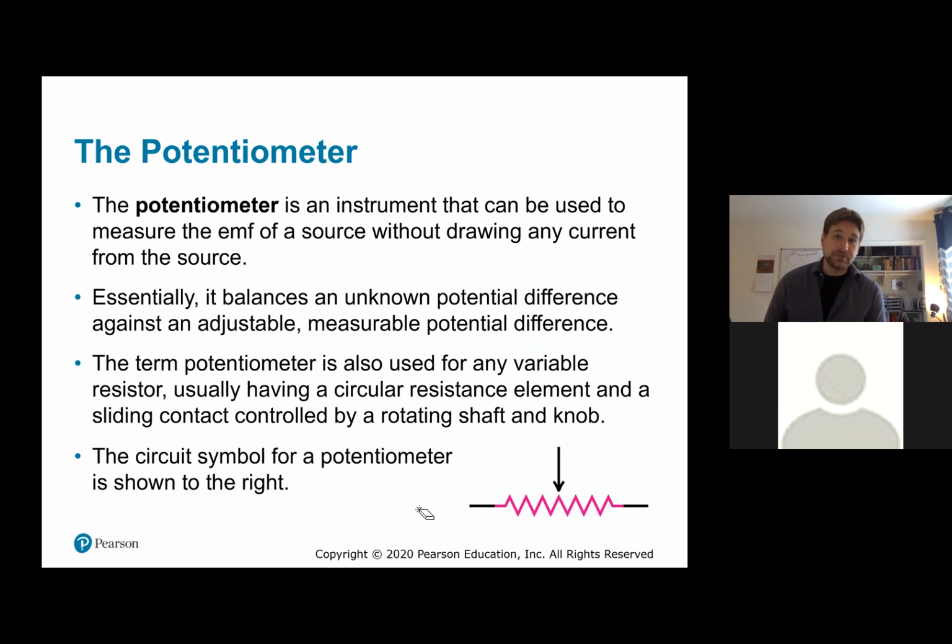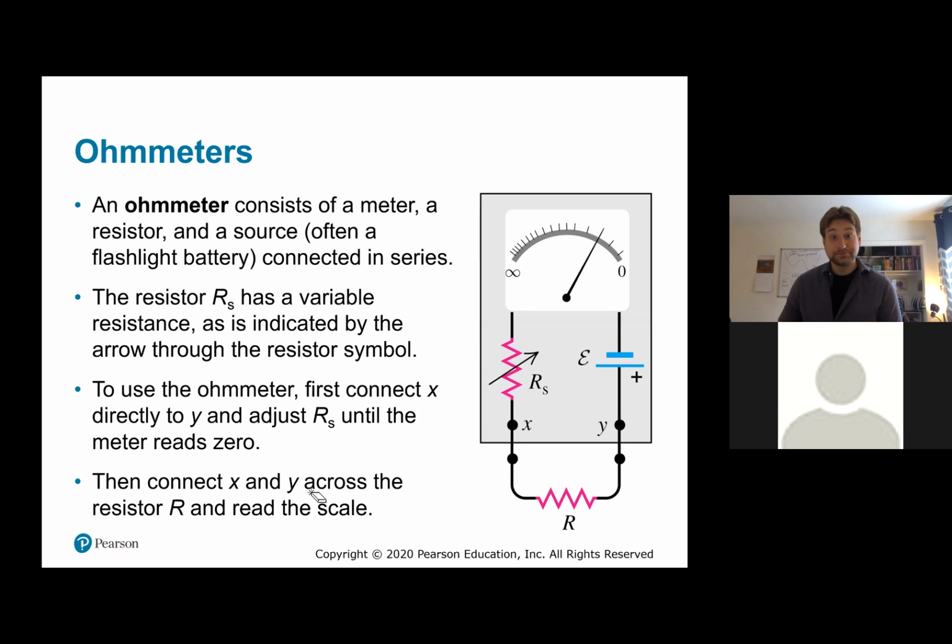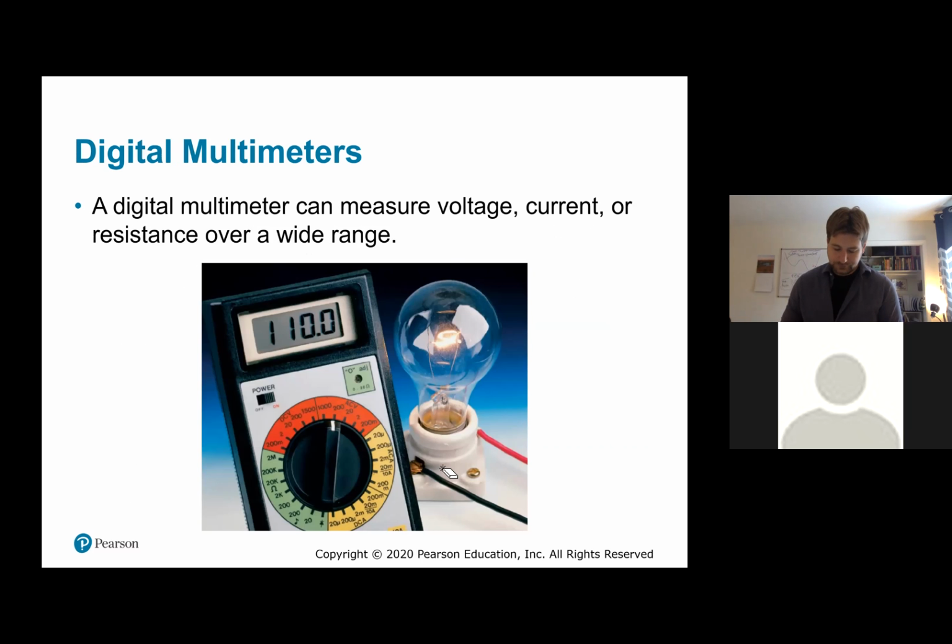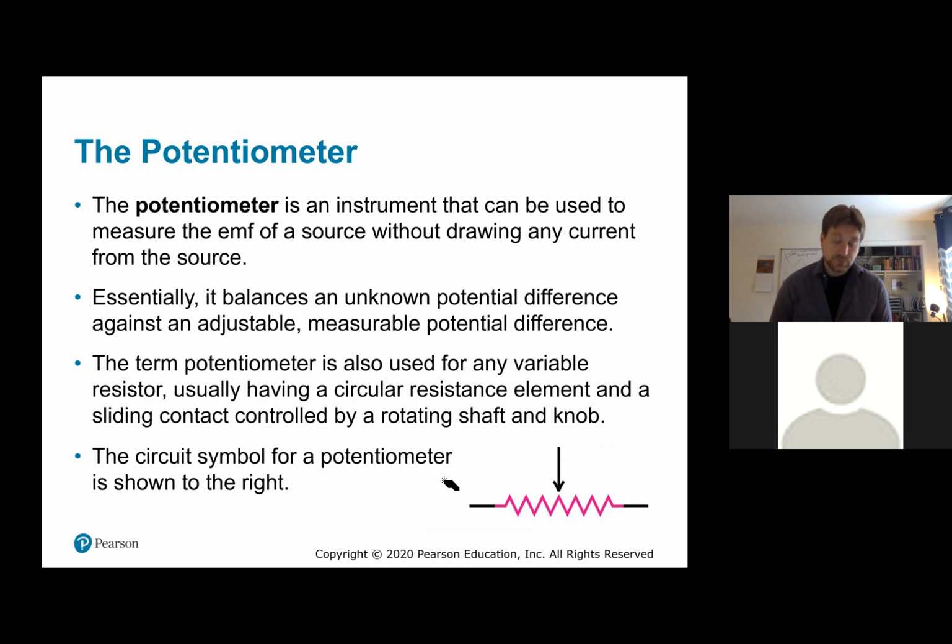Potentiometer is a term for a variable resistor, like this one. Or here's another version of the same symbol. I was always a little bit curious why a variable resistor was called a potentiometer.